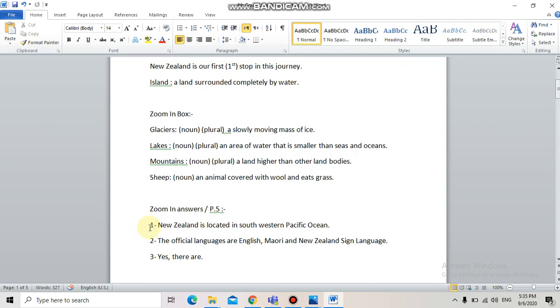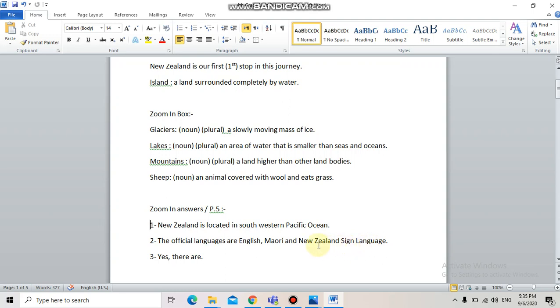1. New Zealand is located in the southwestern Pacific Ocean, as we saw in the picture. 2. The official languages are English, Maori, and New Zealand Sign Language. This is very interesting.